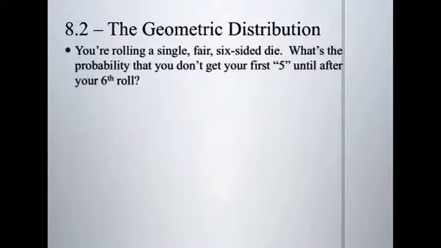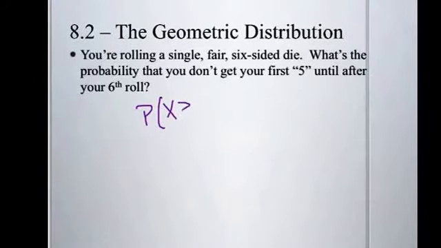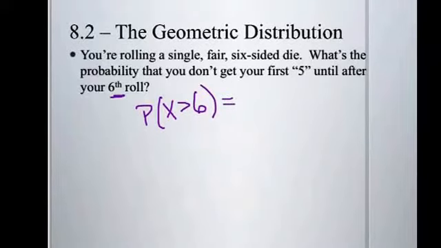You're rolling a single fair 6-sided die. What is the probability that you do not get your first 5 until after your 6th roll? So the formula again is, what is the probability that x is greater than, what's n? We're looking for the 6th roll. And that is equal to the probability of failure to the n power.